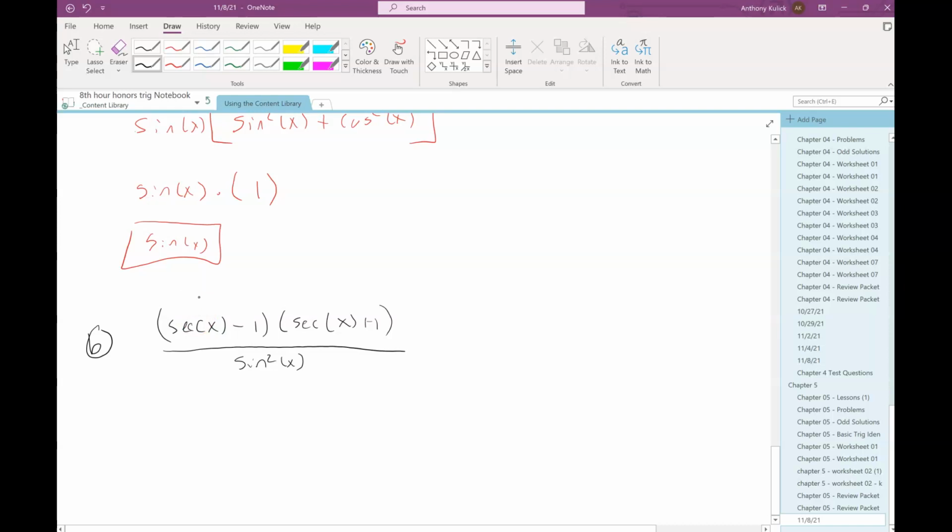So let's say we have secant x minus 1 times secant x plus 1, all divided by sine squared. Anybody with an inkling what you might want to do first?